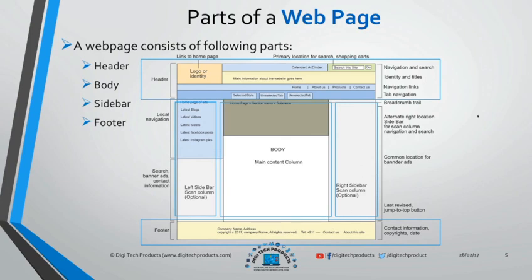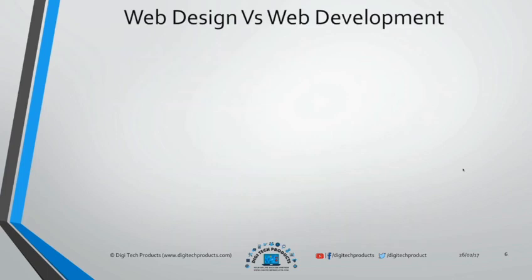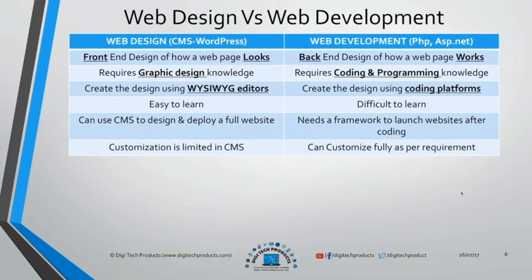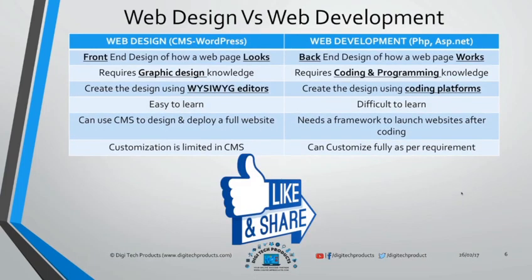So right now, I think we know basically how a website is structured. For you to build a website, either you learn coding or you don't. If you don't know coding, having a website is actually easy.